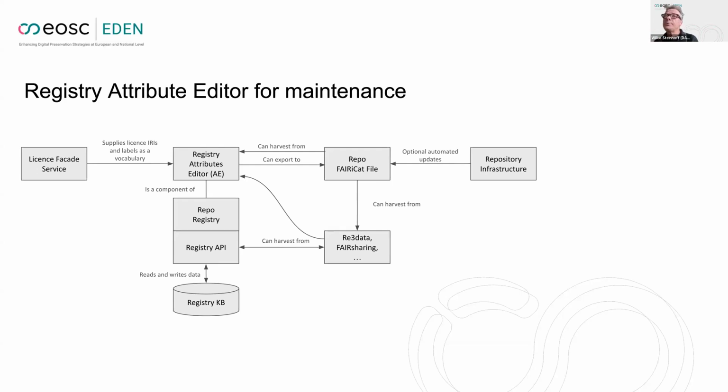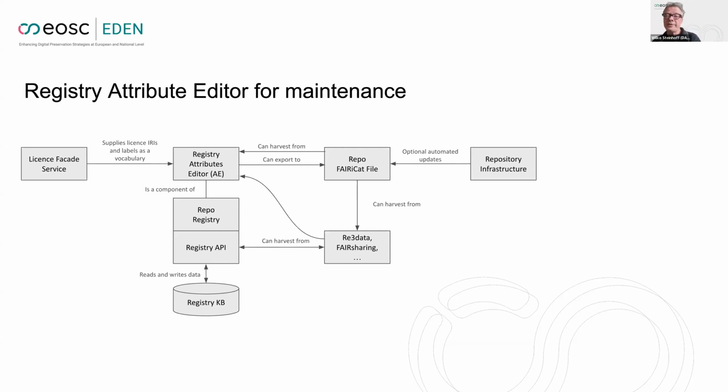The attribute editor could also take information from the knowledge base that we have or from the EDEN registry and supplement missing information that was available from external registries, so that the repository has submitted there.